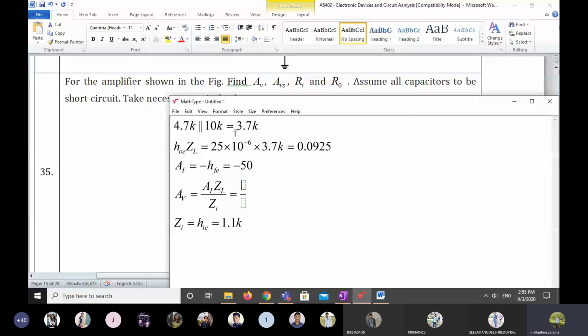So AI is minus 50 into ZL, 3.7K, divided by 1.1K. What is the answer? Minus 168.18.